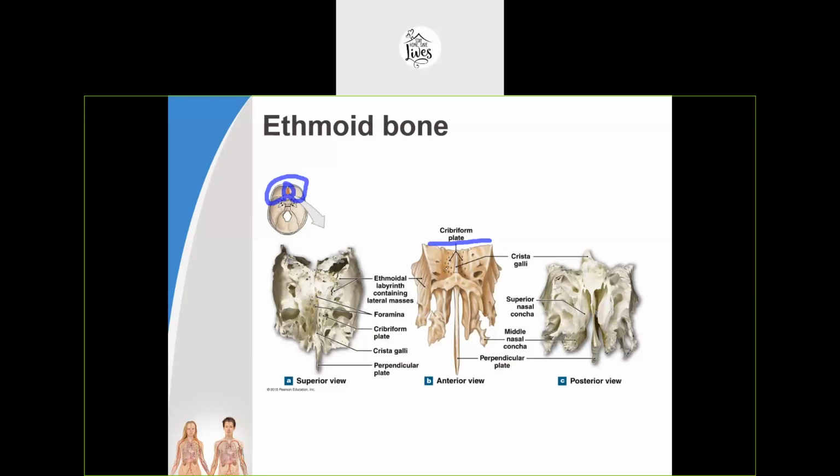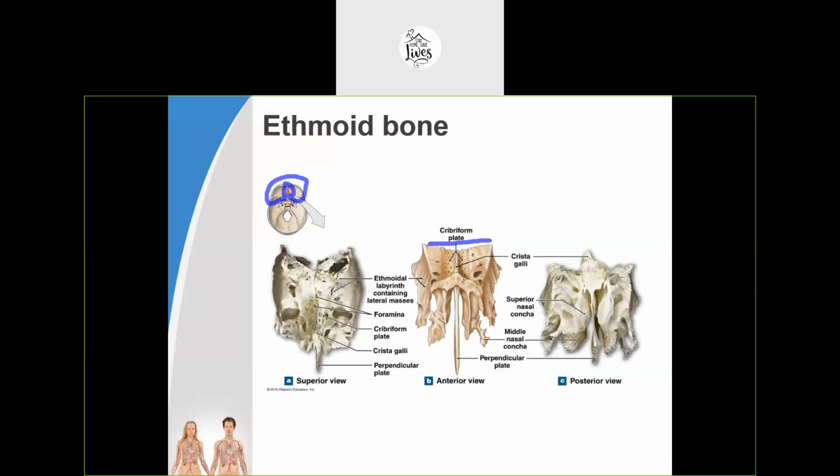This cribriform plate contributes to the floor of the anterior cranial fossa, as I already mentioned, as well as making up the roof of the nasal cavity. These tiny openings on the cribriform plate are called the cribriform foramina.